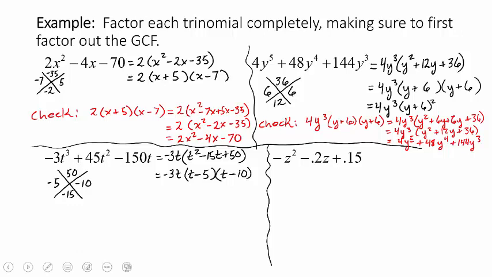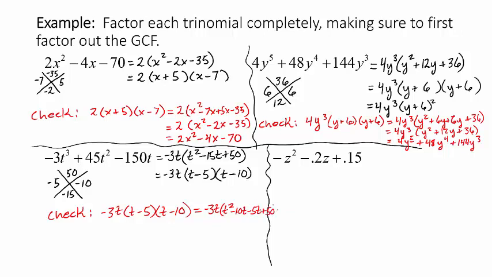Now, checking this, always start with what you ended with and work it backwards. I'm going to leave the negative 3t alone for the moment, and I'm just going to do the FOILing. What will we have there? t squared, in the middle minus 10t, minus 5t, plus 50.